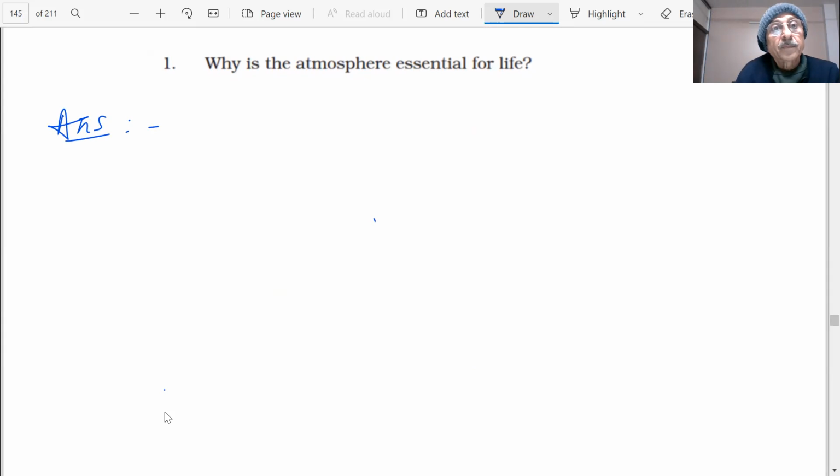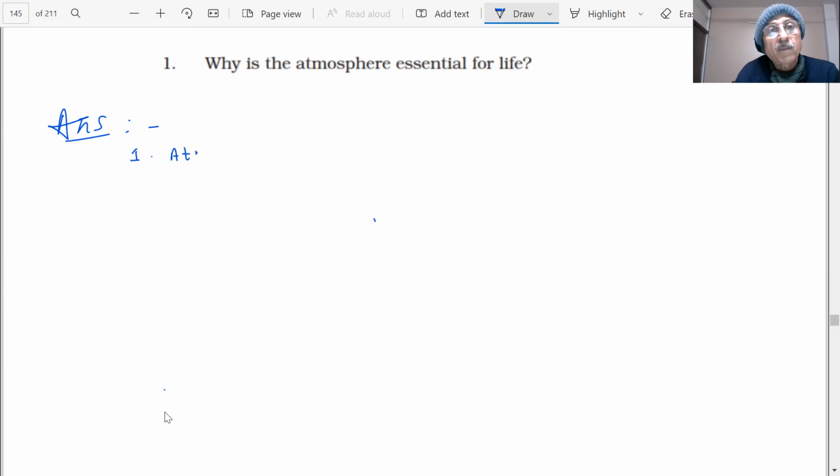Sir, atmosphere helps in keeping the average temperature of Earth constant during daytime and during nighttime. We should write different points because there are many reasons for that.